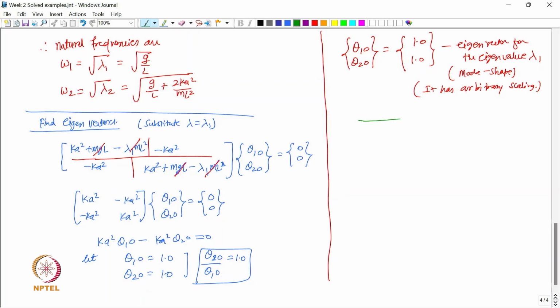If you sketch this eigenvector, then this is the mean position of the pendulums, right, and when it vibrates in the first mode with this eigenvalue and eigenvector, if it is moving in this direction by some amount, then the second pendulum also moves by the same amount in the same direction, right.